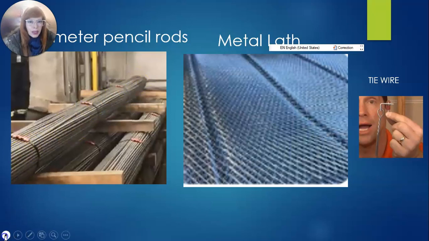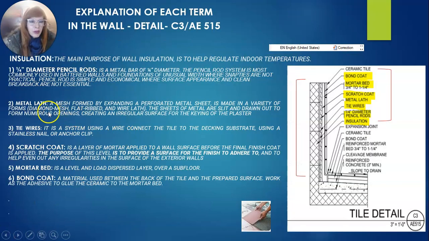Now the other item is metal lath. Metal lath is here, over the pencil rods. The metal lath is a mesh formed by expanding a perforated metal sheet.